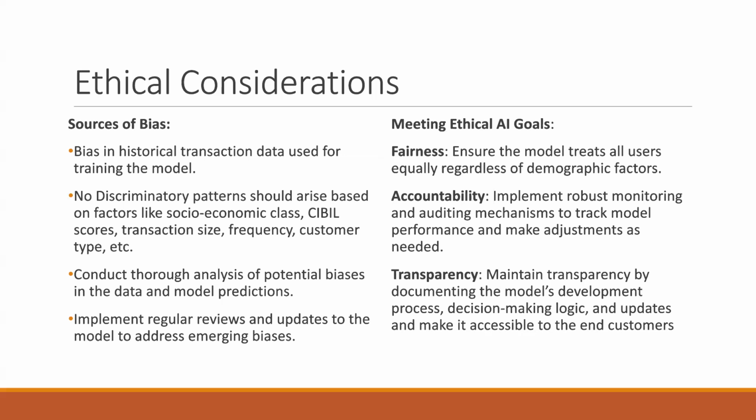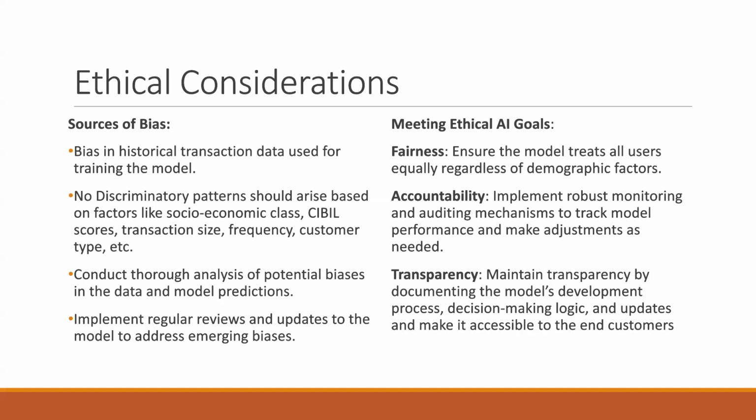None of these biases need to exist in the model. So we need to do some sort of analysis in a timely manner to identify such potential biases in the model and figure out preventive actions. Maybe a regular review and update to the model through feedback can address all of these.